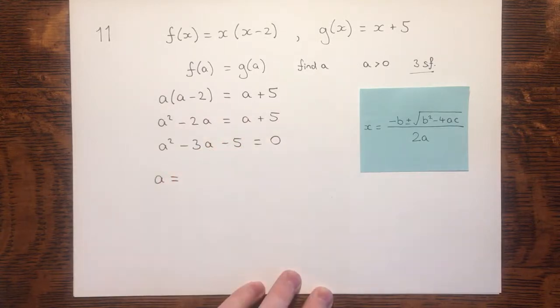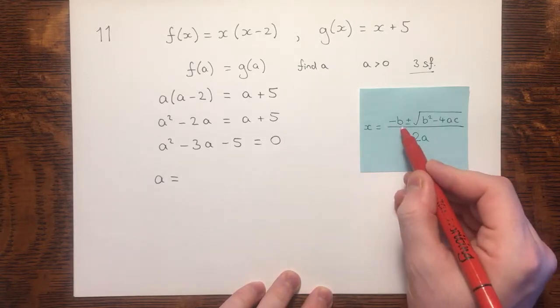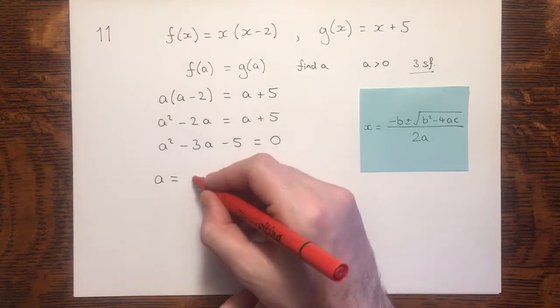Applying it, a, the number that we're finding, would be equal to minus b. b is the linear coefficient. The linear coefficient is minus 3.